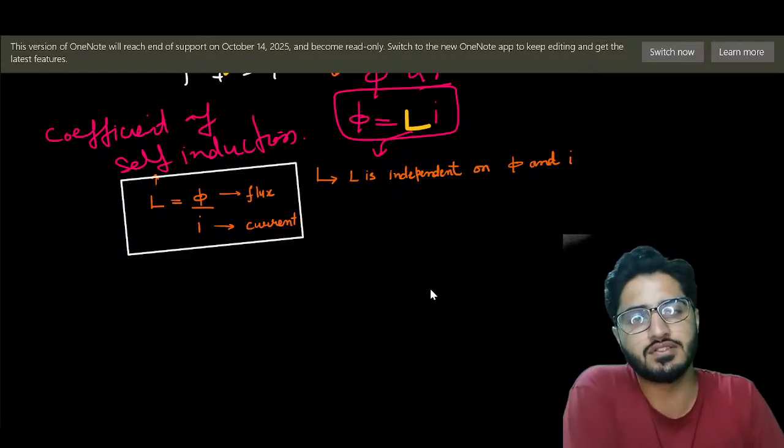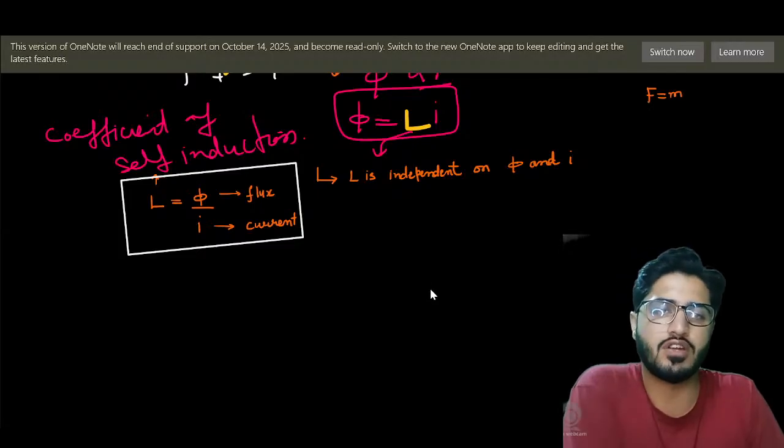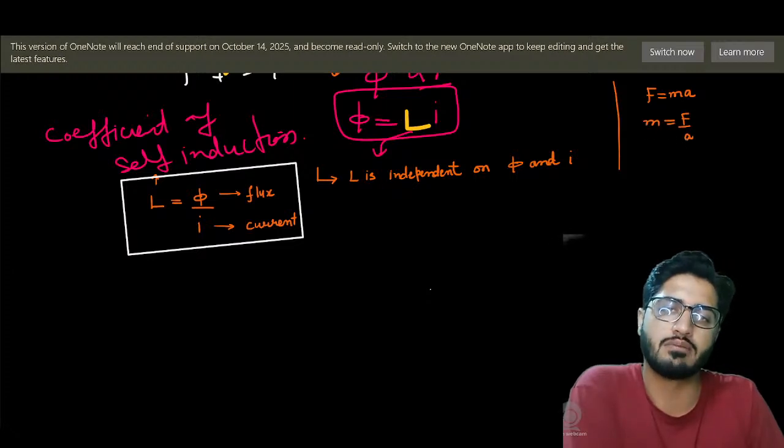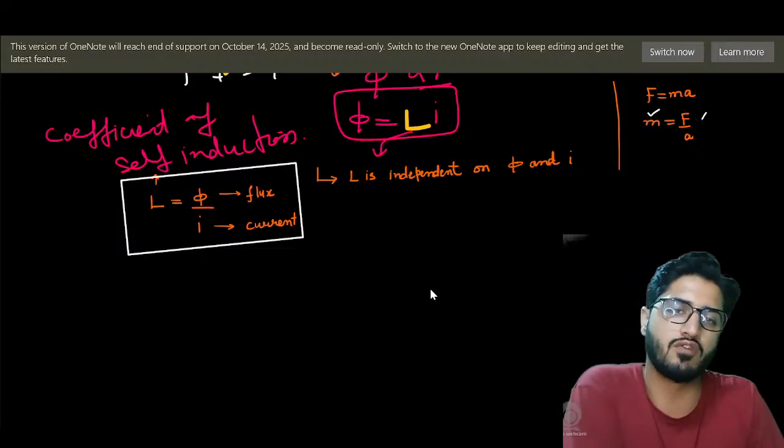But my answer is, we know that force equals mass into acceleration. So we can write mass equals force by acceleration, and mass is not depending on force or on acceleration.